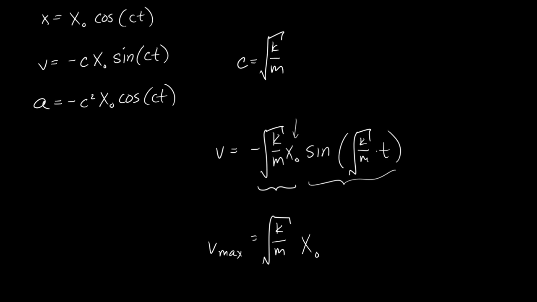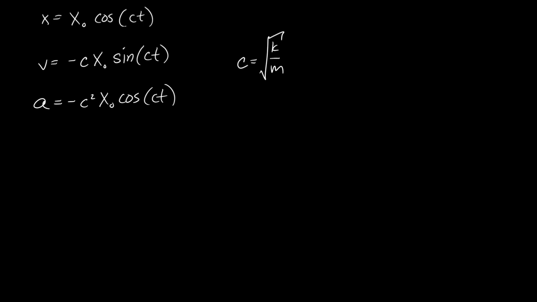I want to take a look. So, one half m, this is v, squared, plus 1/2 k, this is x.